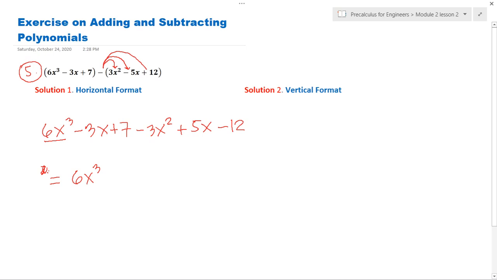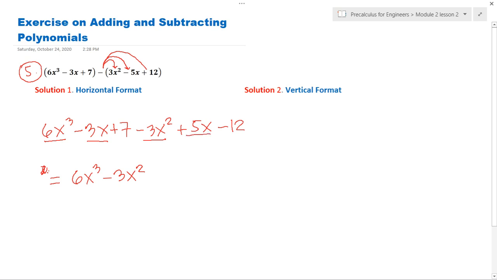Then for x squared, we only have one, negative 3x squared, so write it down directly. Then we have two terms for x, negative 3x and positive 5x.